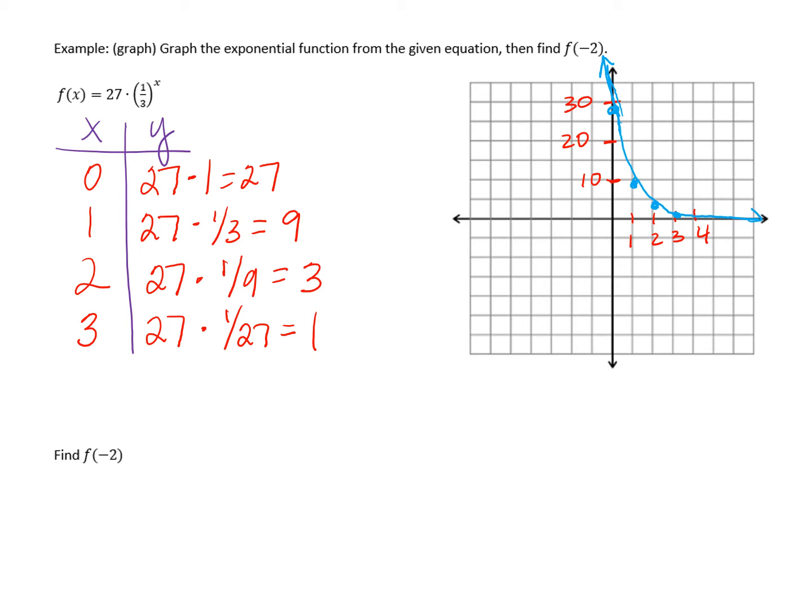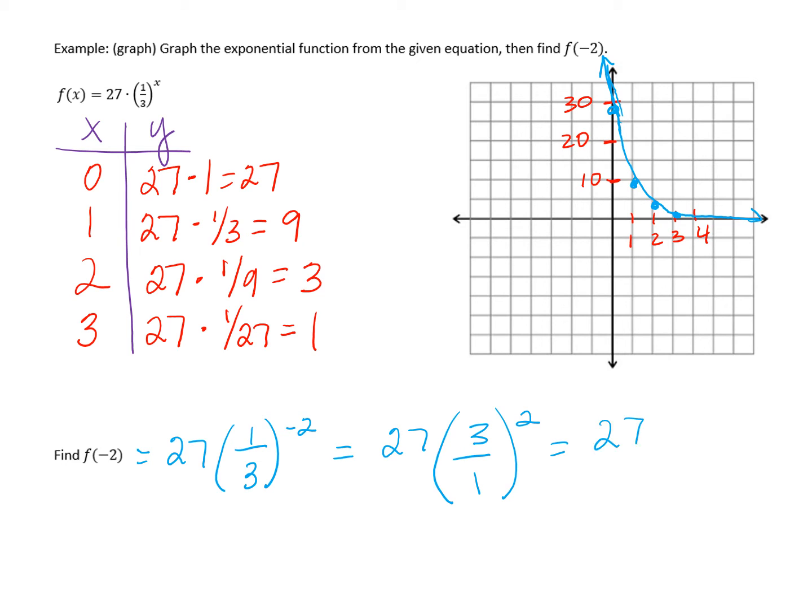And speaking of, that's what our evaluate says. Find f of negative 2. So f of negative 2 is essentially saying where there's an x, replace it with negative 2. So 27 times 1/3 to the negative 2. And again, we know we can't have a negative exponent, which requires us to flip the fraction. So it becomes 3/1 squared.